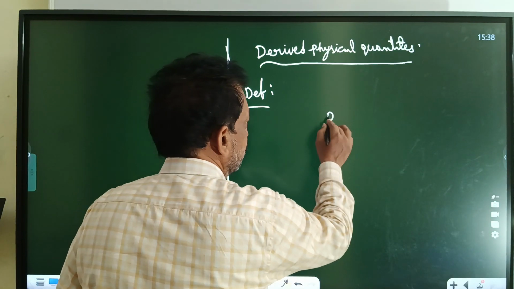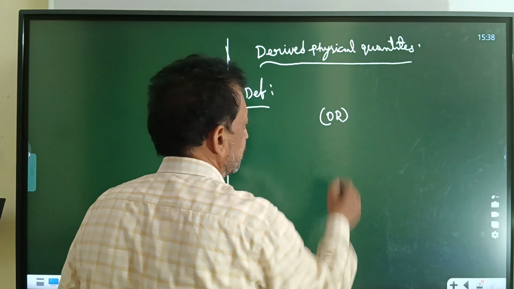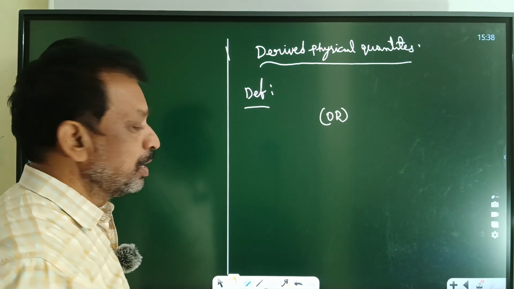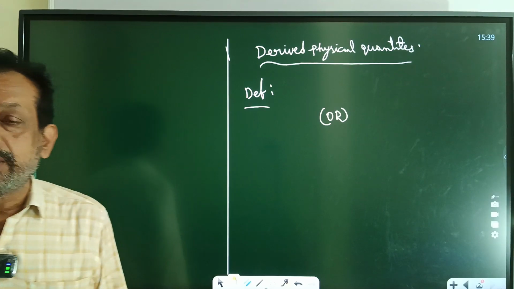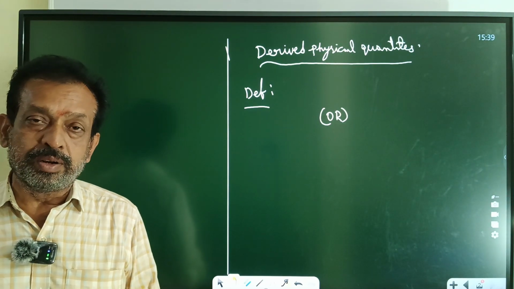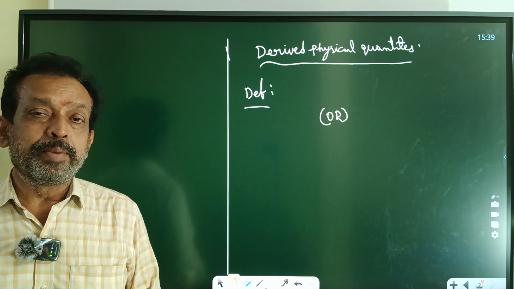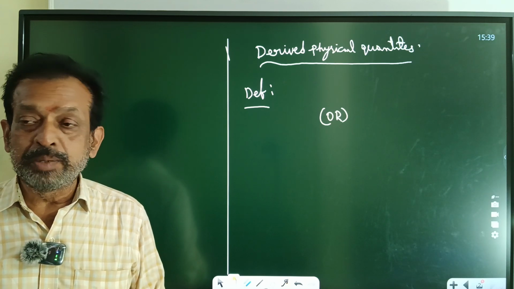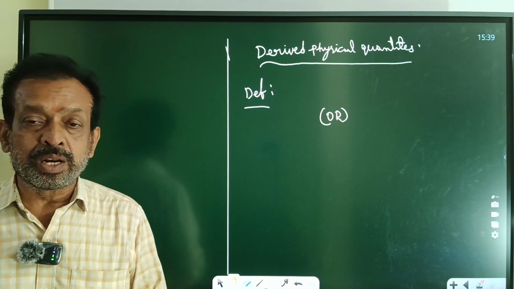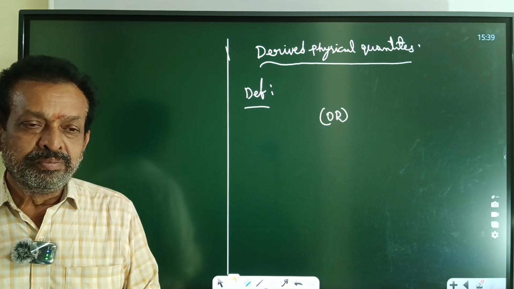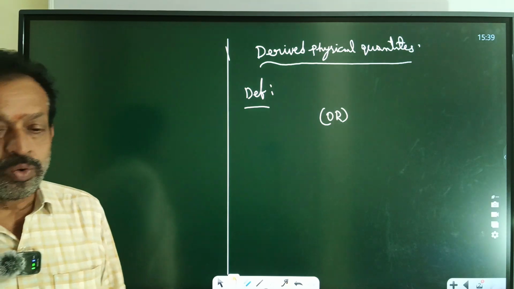Or, the physical quantities which depend upon fundamental quantities are called derived quantities.